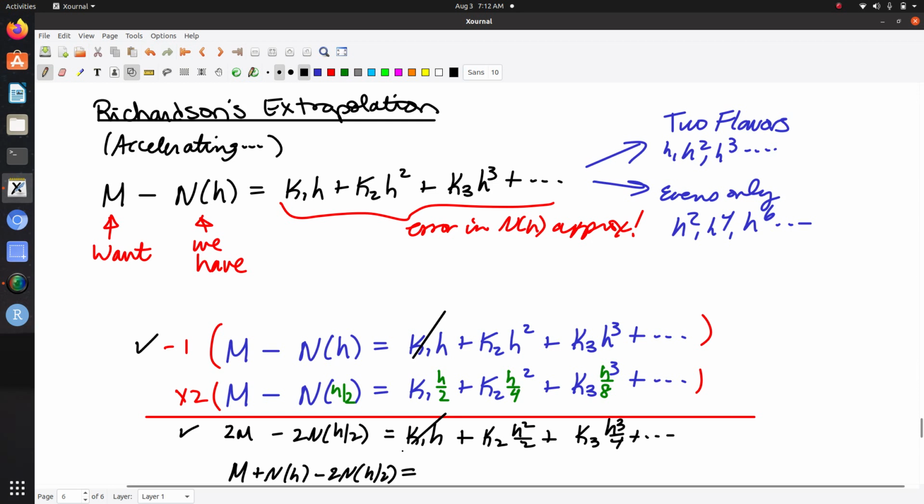Since it's the bottom one minus the top one, it's going to be negative, minus k2 h squared over 2, and so forth. Okay? I'm just going to have to resize this screen.